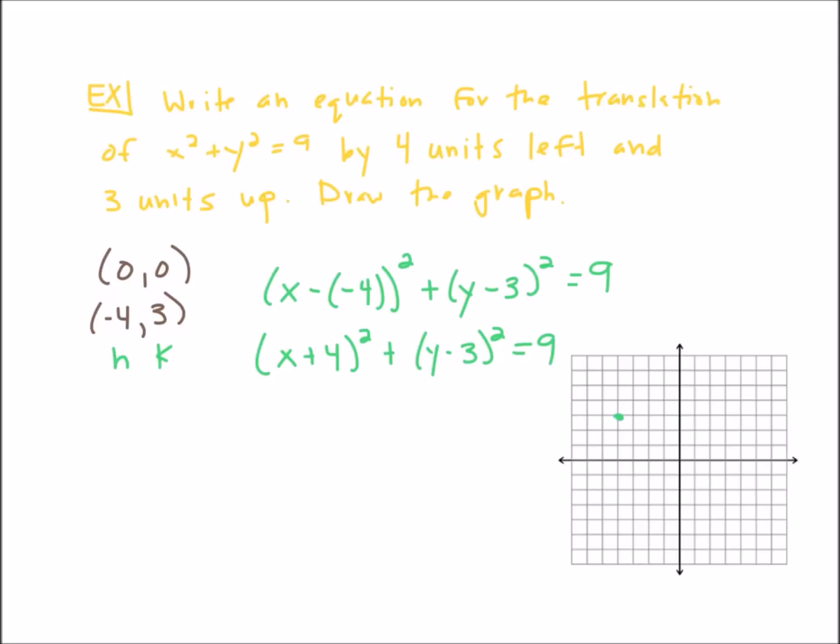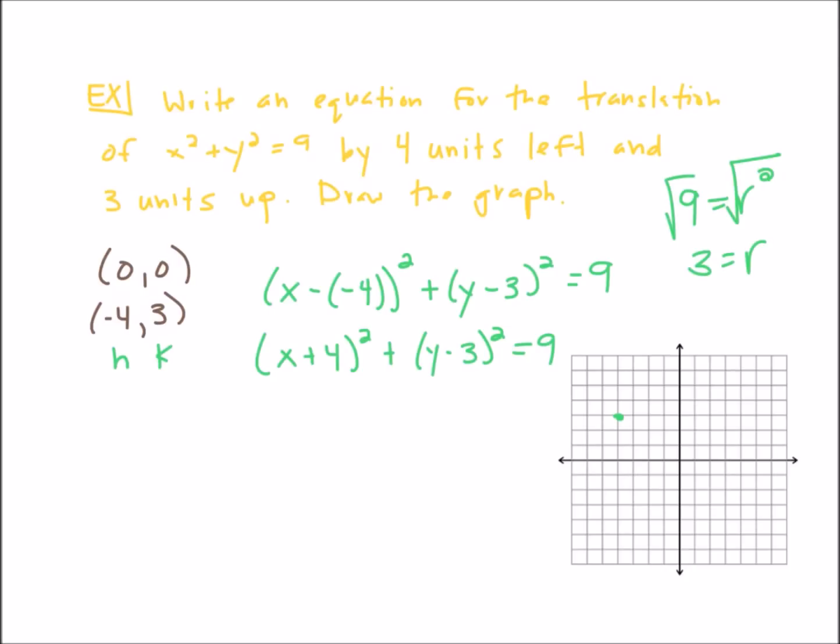Okay, a radius of, again, we have a 9 there, but remember that 9 is equal to our radius squared, since the equation always equals r squared. So that means our radius is going to be 3. I would take the square root of both sides.